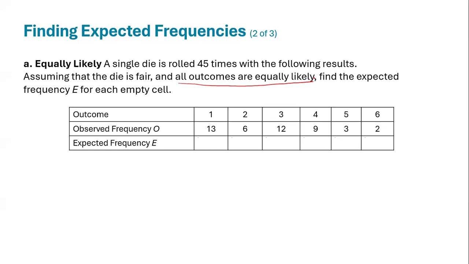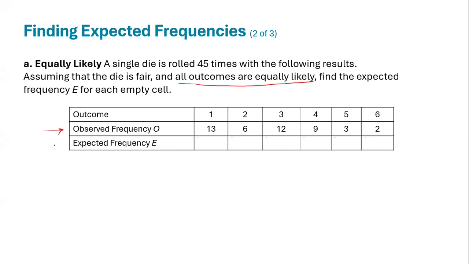So when you roll a die, the outcomes are 1, 2, 3, 4, 5, and 6. And after rolling the die 45 times, we see that 13 times we got 1, 6 times we had 2, 12 times we had 3, 9 times we had 4, 3 times we had 5, and 2 times we had 6. These are the observed frequencies.